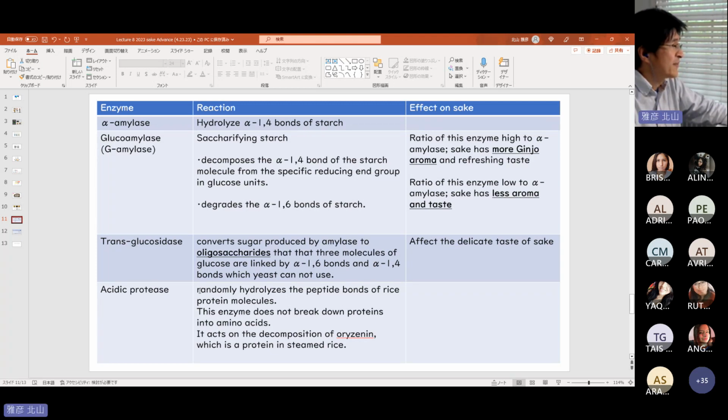This protease randomly hydrolyzes the peptide, but it does not break down protein into amino acid. So this makes some peptide, but it cannot make amino acid.